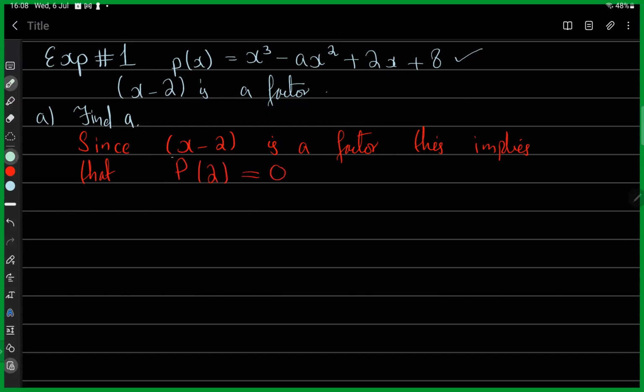This is what I know from the factor theorem. X minus 2 is a factor, so P of 2 would be 0. Now, I will be using this.